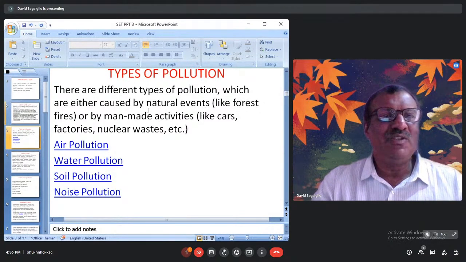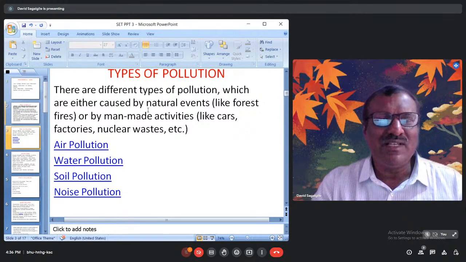These kinds of pollution basically happen because of natural events. Sometimes they are natural events, like forest fire. Take for example, in most of the countries, in most of the places, you will see that forests during the summer season especially catch fire, and it's a natural process.